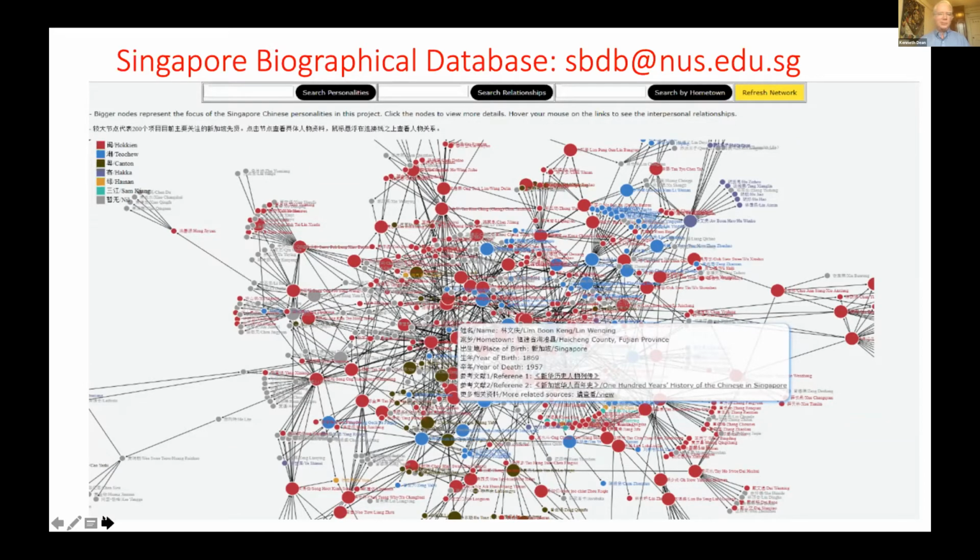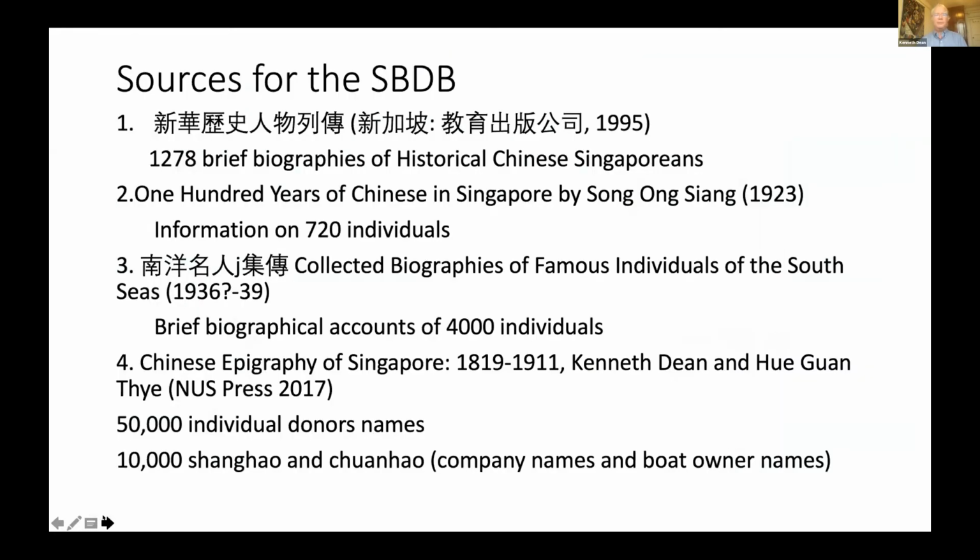So I encourage you to look at it and see what issues you might have with it or improvements that might be made to it. In it, we've used biographies, brief biographies of historical Chinese Singaporeans. And we're now gathering larger and larger sets of data to try to incorporate into it. But we're faced with a challenge because it's one thing to handle on a screen about 200 people and their interconnections. It's another when you get into the thousands.